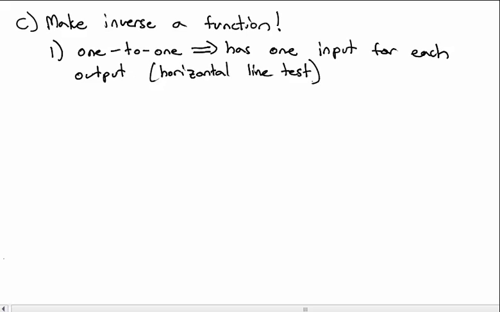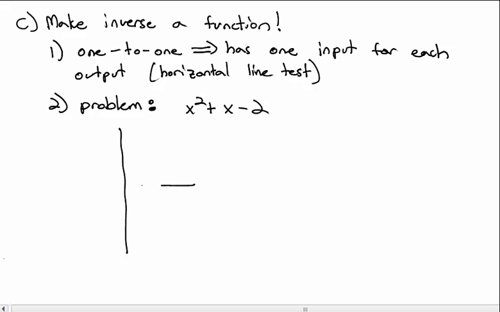The idea is the inverse is going to tilt it on its side and turn it backwards. When it's tilted on its side, is it going to still pass the vertical line test or the horizontal line test before it was flipped? So here's a problem that's not one-to-one. Let's consider a graph like x squared plus x minus 2.